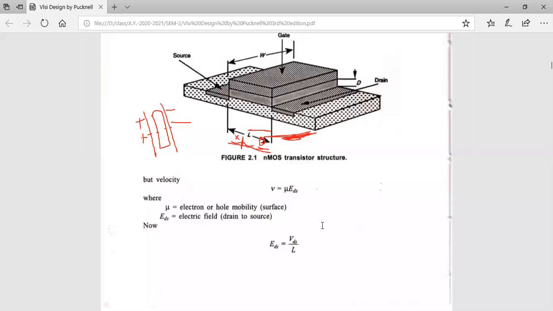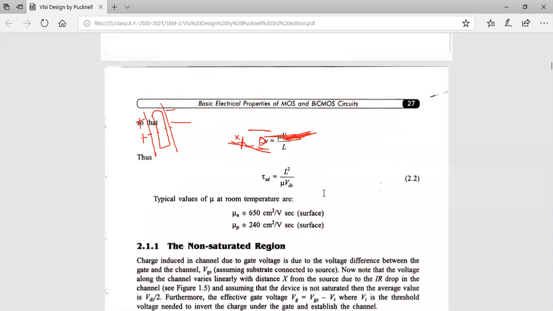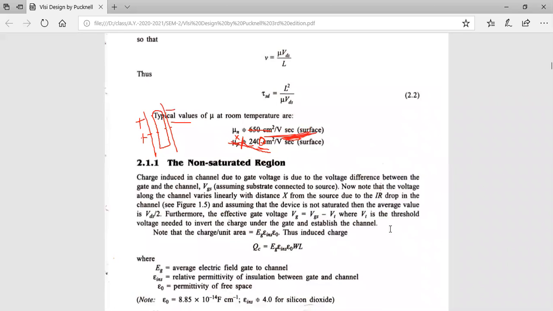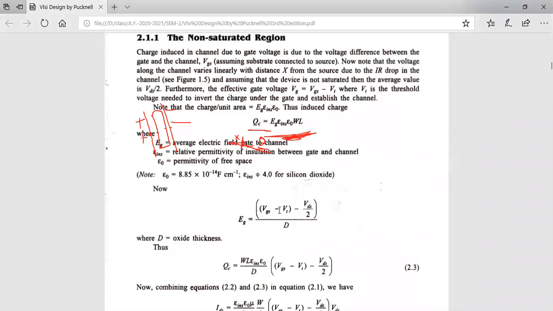See here now. We are getting some value for EG. EG is nothing but VGS minus VT minus VDS by 2.